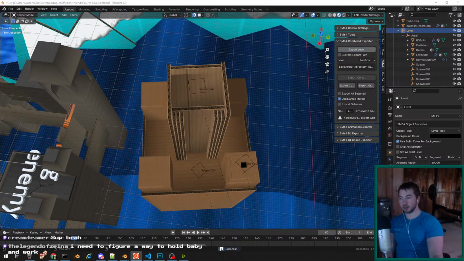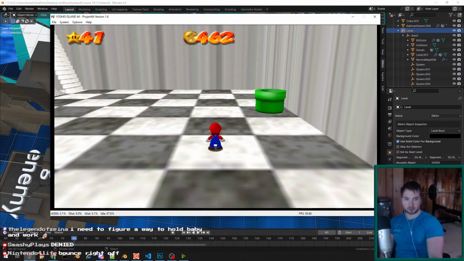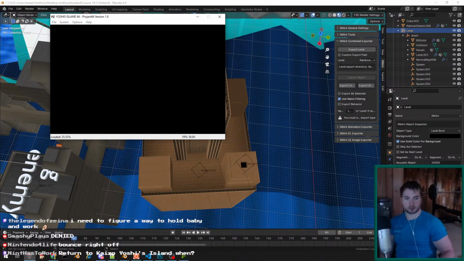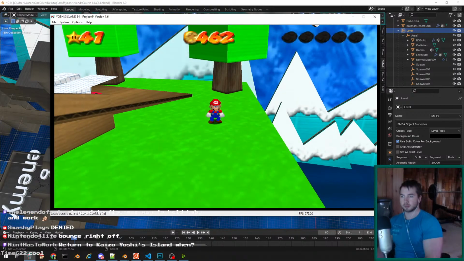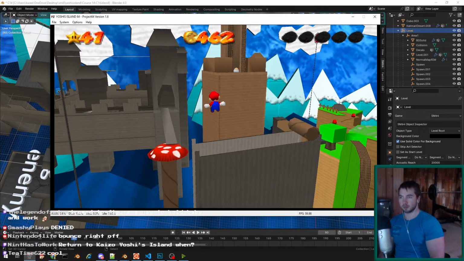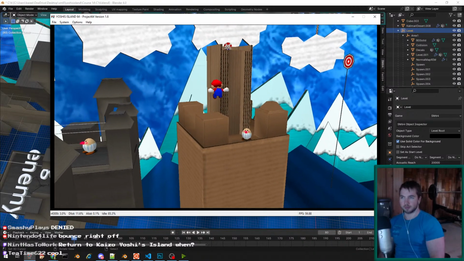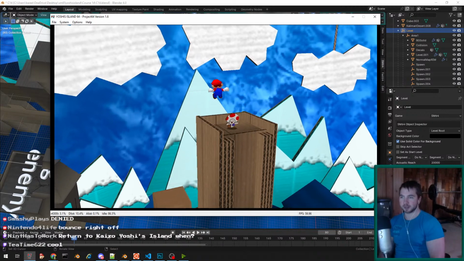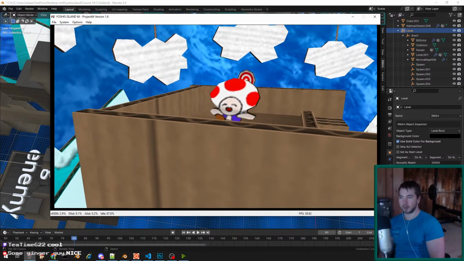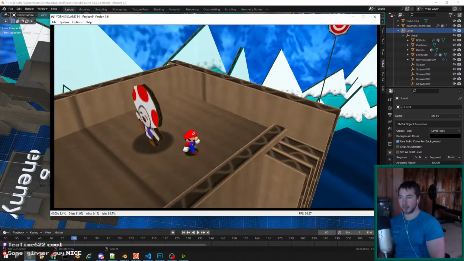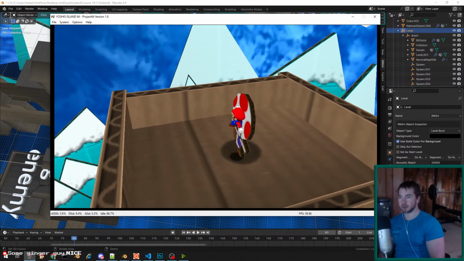I'm sure you can go up the pyramid though. It's just not that easily. Oh, there he is. He looks kind of cool. Oh, he doesn't compute the angle to Mario, of course.